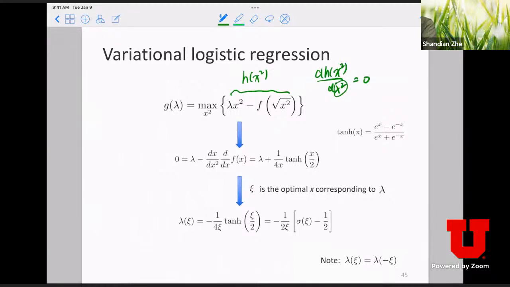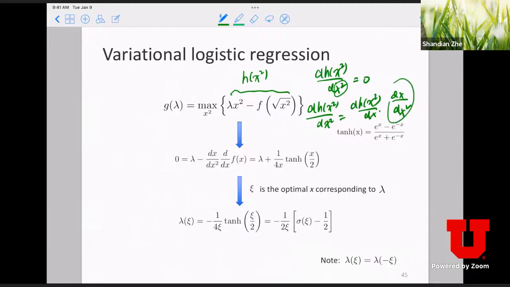It's a function of x squared, so don't get confused. You need to take the derivative with respect to x squared. And how can we get this derivative? We just use the chain rule, because d over dx squared equals d over dx times dx over dx squared. Okay, just a chain rule.